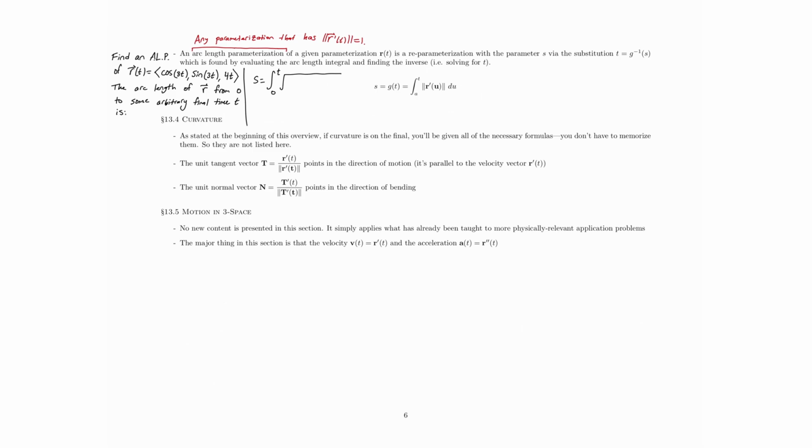So the derivative, we'd have minus 3 sine 3t, comma, 3 cosine 3t, comma, 4. So this will end up being 9 sine squared 3t plus 9 cosine squared 3t plus 4 squared, which is 16.